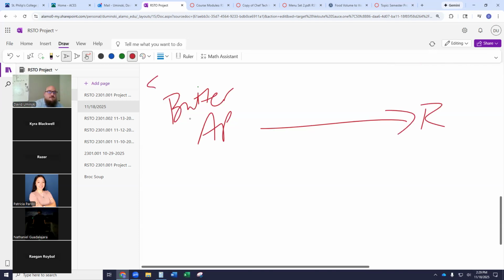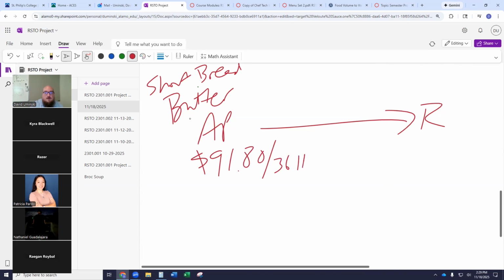The cost for the butter is $91.80 per 36 pounds, and it needs 2 quarts. What I did originally was multiply the 36 by 16 ounces, and then divide that by the $91.80, and that got me 16 cents.